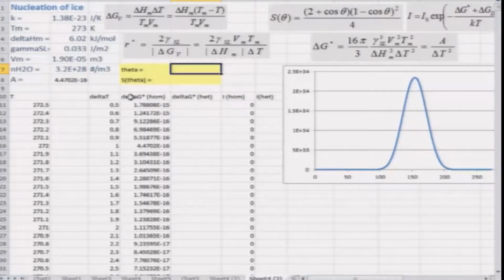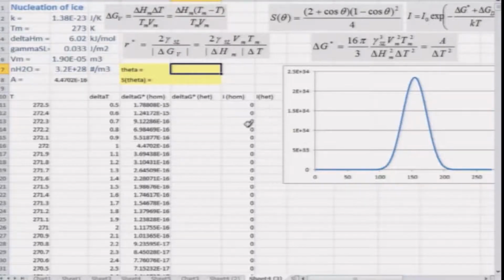In the last lecture, for different values of undercooling delta T in column C, we had calculated the critical free energy for the homogeneous nuclei of critical size, and we had calculated the nucleation rate I homogeneous in column F.